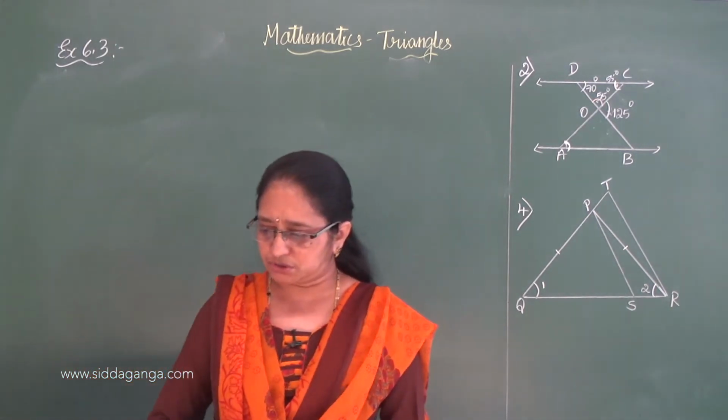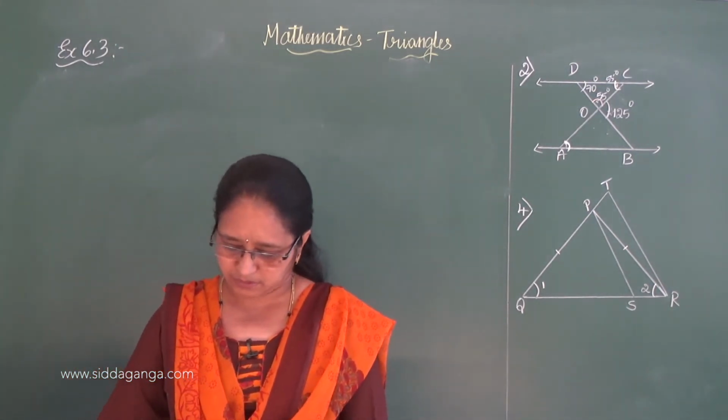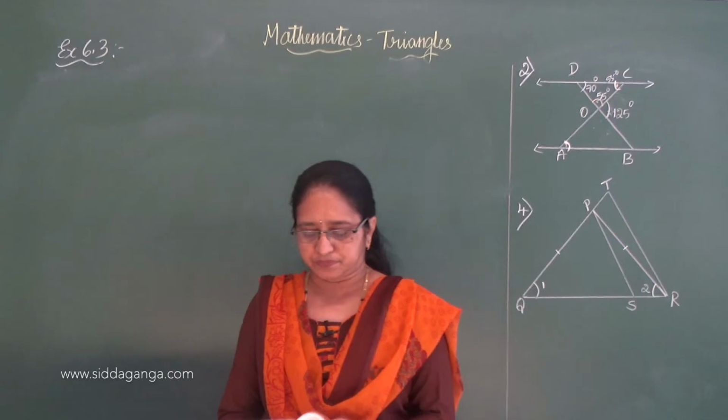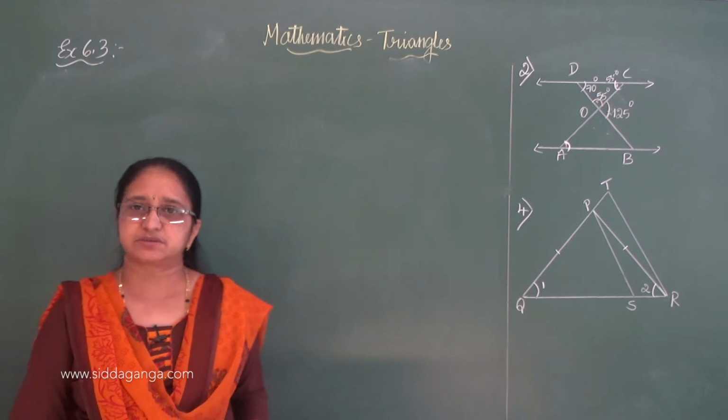I will read out the question. Diagonals AC and BD of a trapezium ABCD with AB parallel to DC intersect each other at the point O. Using similarity criterion for two triangles, show that OA by OC is equal to OB by OD. Again a very simple problem.